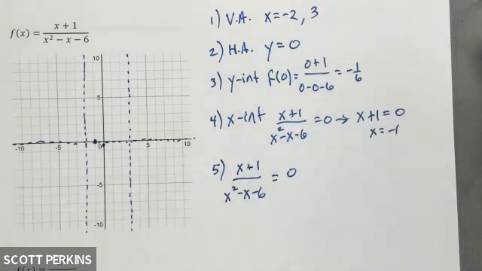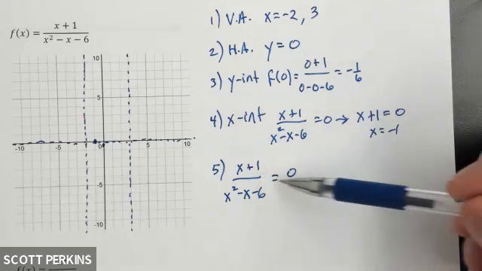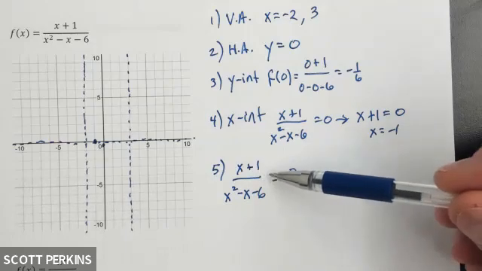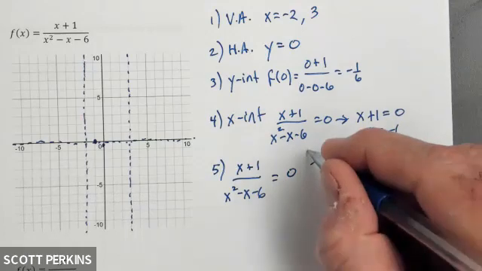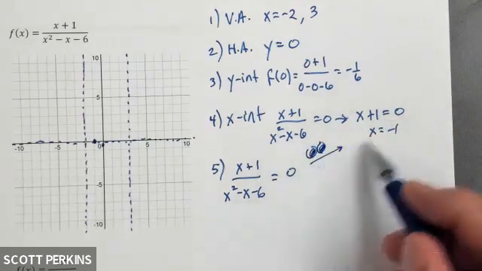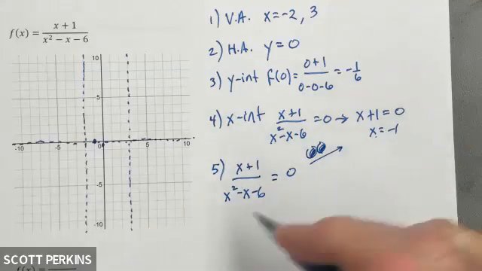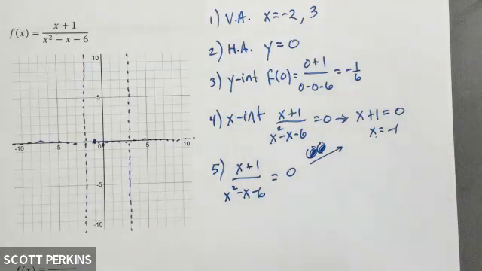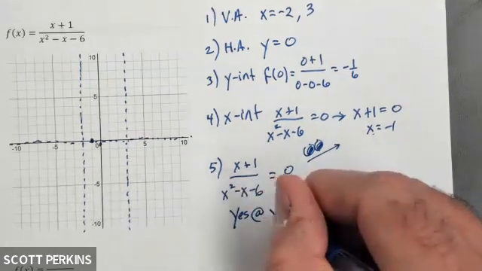Oh, well, I just mentioned to you that the only time a fraction is going to be equal to 0 is when the numerator is 0. We just did that. Okay, so I'm just going to draw a little arrow. How about some eyeballs? There we go. Just look up there. We've already done the work for that. Okay, so I'm not going to waste your time and do the work again. So it does go through the horizontal asymptote, but it only goes through the horizontal asymptote there. There's no other places. So yes, at x equal to negative 1.